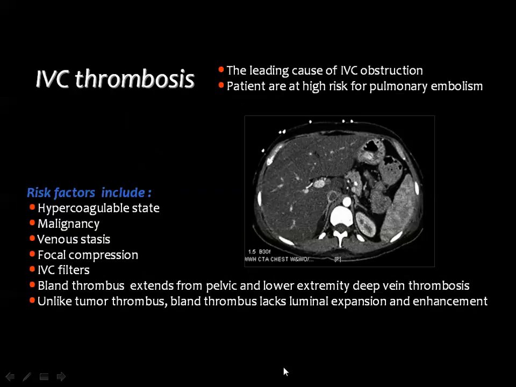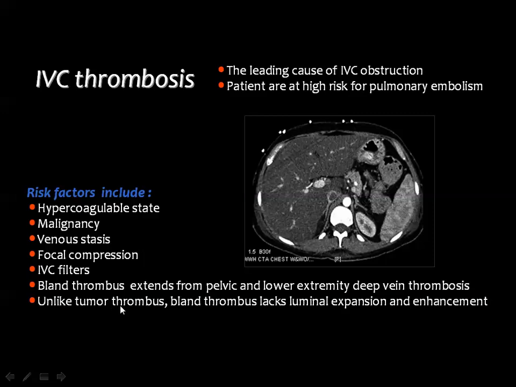Then thrombosis of the IVC has many underlying etiologies, including the hypercoagulable state, malignancies, venous stasis, focal compression, filters, and bland thrombus extending from the lower veins.